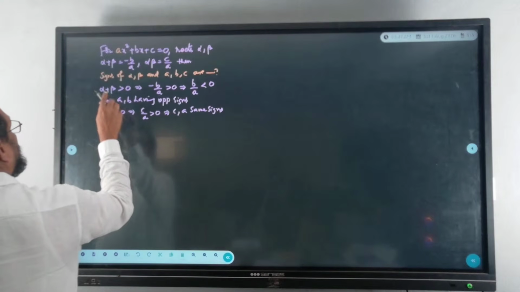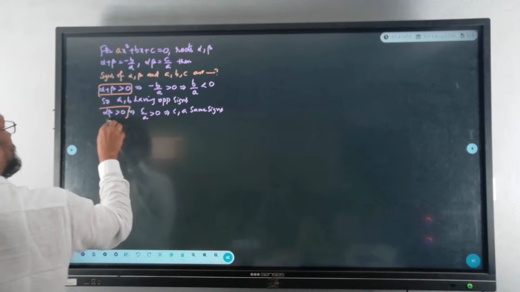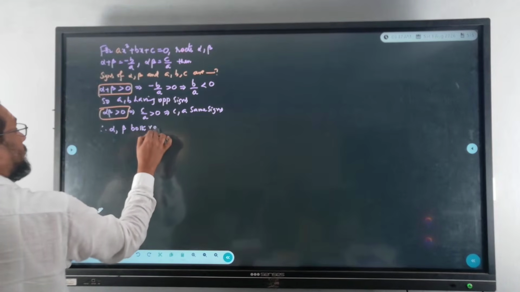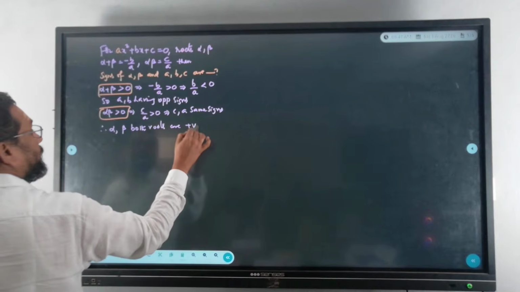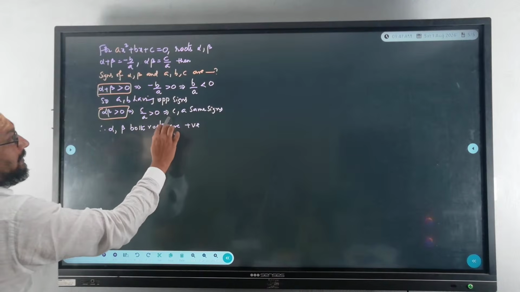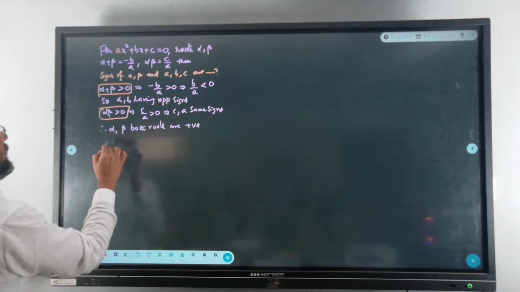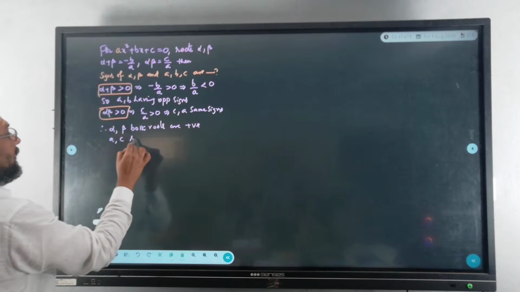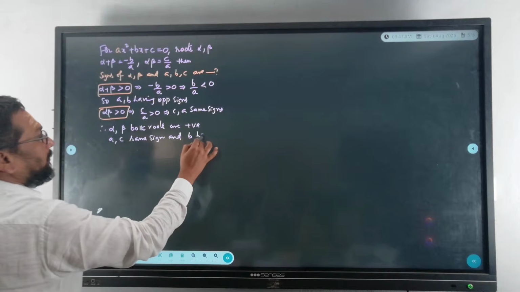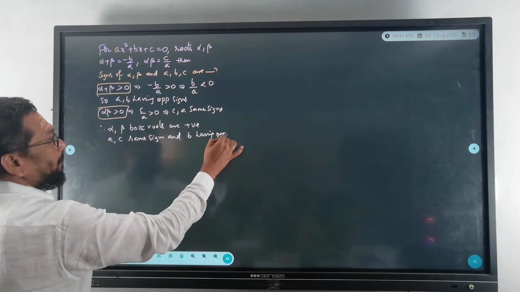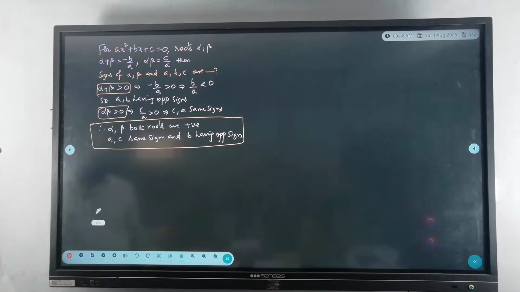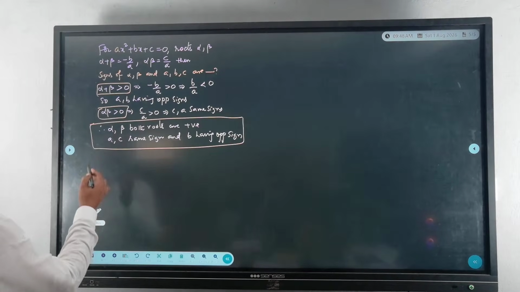Here alpha plus beta positive and alpha beta positive, so therefore alpha comma beta both roots are positive. Here the condition is a, b having opposite signs, a, c having same signs. So a comma c same signs and b having opposite sign. That is the condition. Both roots are positive means a, c same sign, b opposite sign.